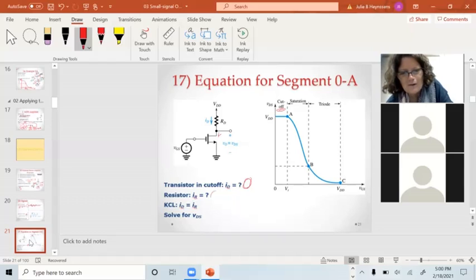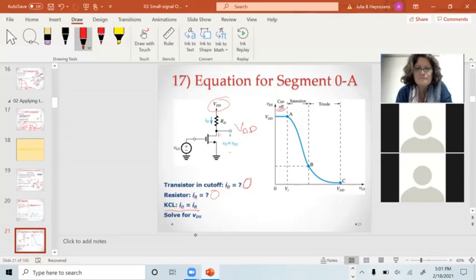So IR also equals 0. Because KCL tells us that ID equals IR. If I have 0 current, and I start up here at this voltage VDD, and I drop 0 volts across a resistor, this is also going to equal VDD.